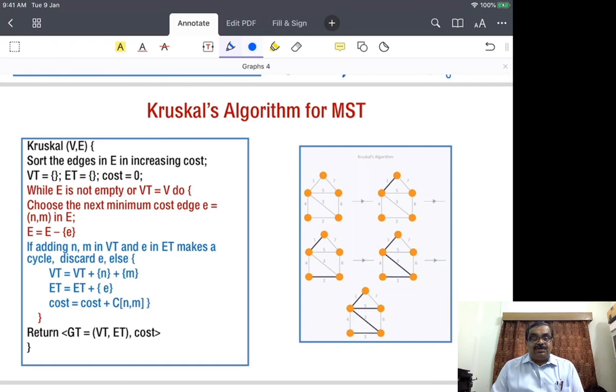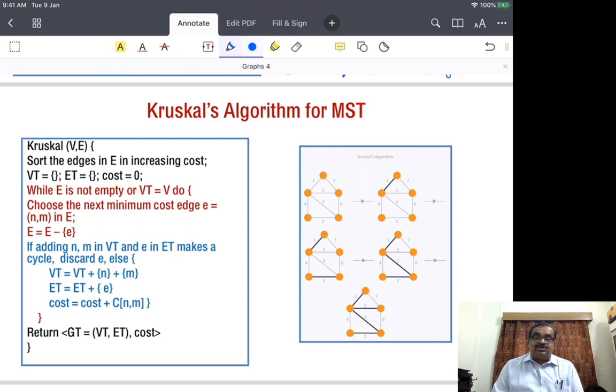There is another algorithm which goes by the name of Kruskal's algorithm. This algorithm has got a slightly different mechanism of operation. It is a recursive algorithm, but I am not showing it from the recursive point of view. What it does is as follows. The simple mechanism is it sorts all the edges in increasing cost. Then it picks up one edge at a time, and every edge that it chooses becomes part of the minimum spanning tree.